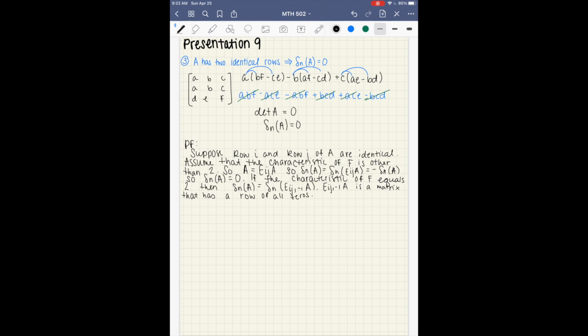So now by proposition 11.2, we know that the delta n of A equals 0. Thus, by both cases, we know that delta n of A must equal 0.